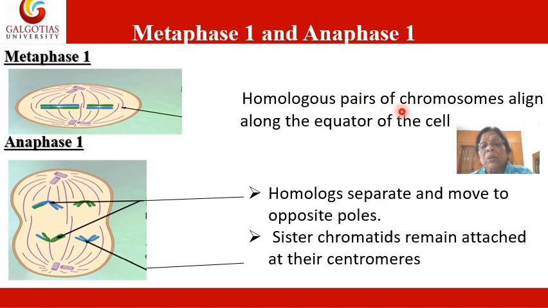Now the homologous pairs of chromosomes align themselves along the equator of the cell.